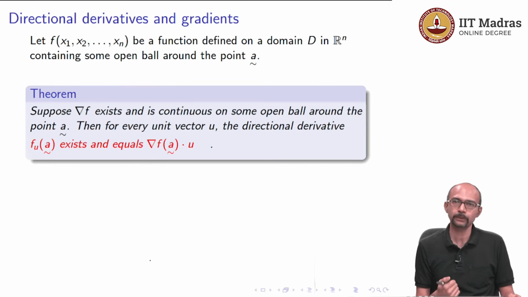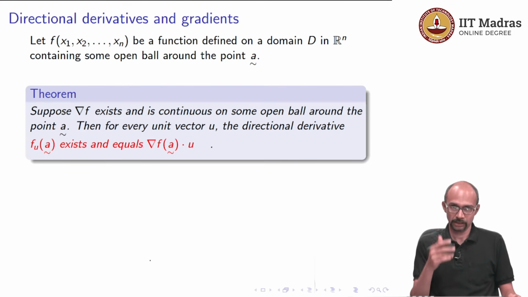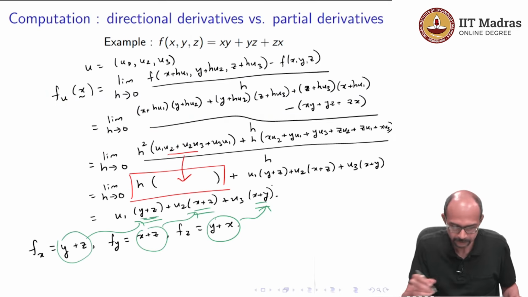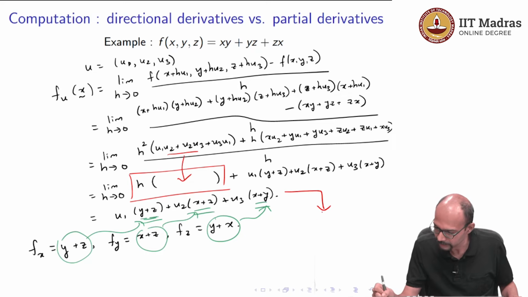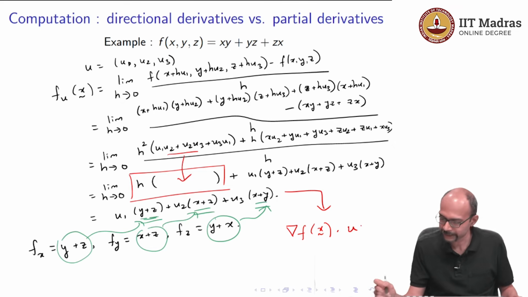This is exactly the formula that we saw for the example that we did earlier. If you remember the example xy plus yz plus zx, when we did f_u, what we got was u1 times y plus z plus u2 times x plus z plus u3 times x plus y. So, this expression here can be rewritten as gradient of f at x tilde dot with the vector u, right.